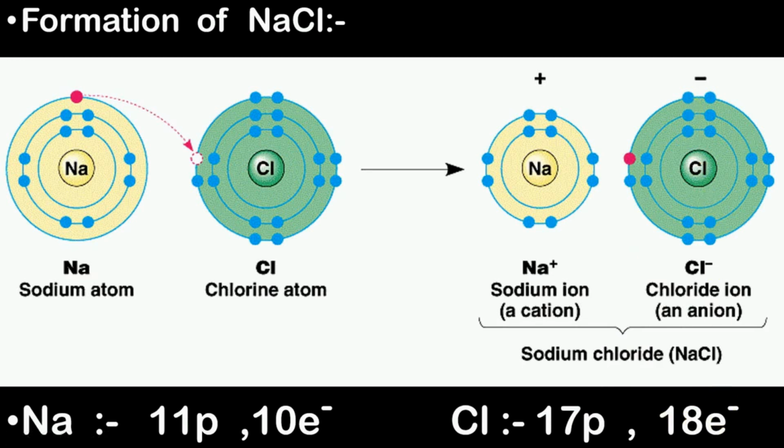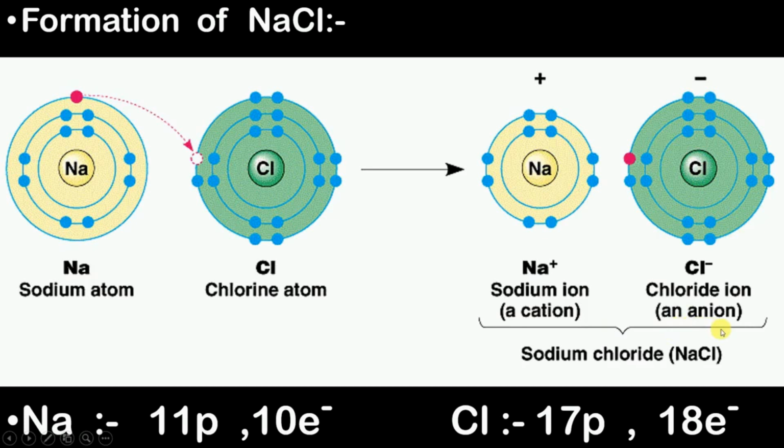Now guys, what you need to pay attention to over here is that the positively charged ion, in this case it is Na plus, but in general the positively charged ion is called a cation. And a negatively charged ion is called an anion.